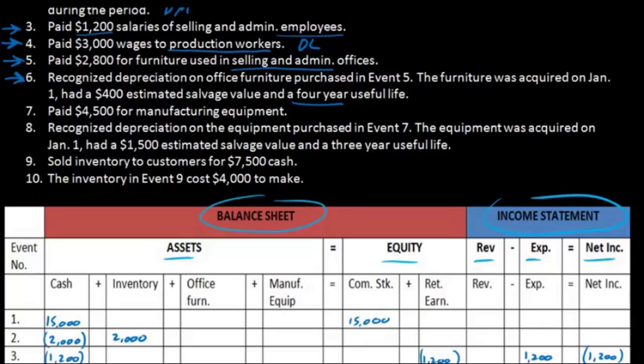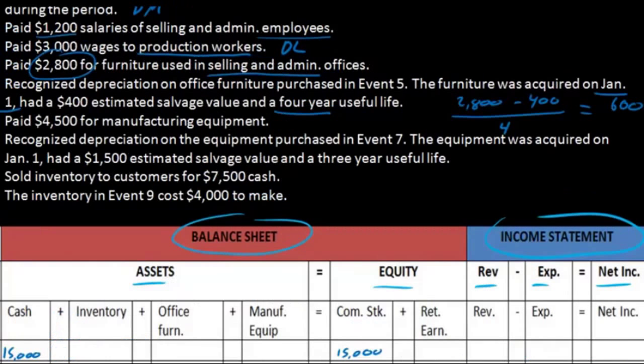Back to your financial accounting, we know the furniture cost 2,800. We are just going to use straight line depreciation. This has a salvage value of 400. So we'll take out 400 for salvage, and it has a 4-year life, so divided by 4 and you get $600 a year.